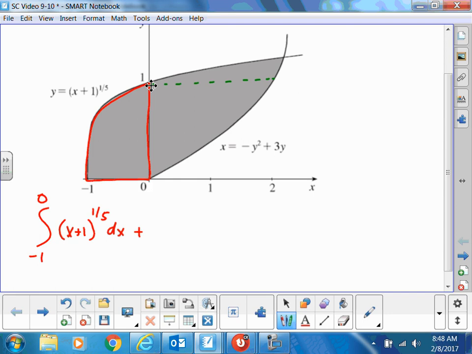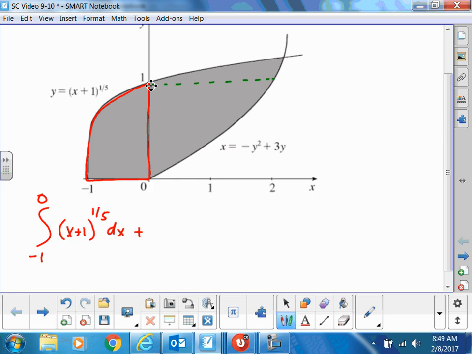Up until that dotted green line there, the right-hand function is that x equals minus y squared plus 3y, and then the left-hand function is just the y-axis. But after that dotted green line, it's that same right-hand function, but the left-hand function is now the y equals (x plus 1) to the 1/5.